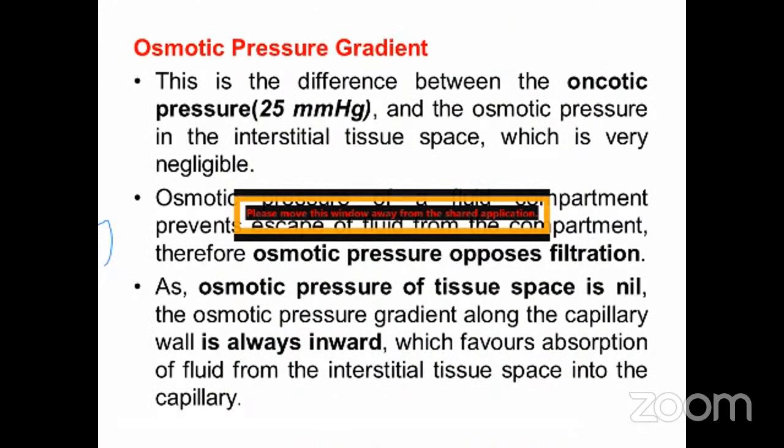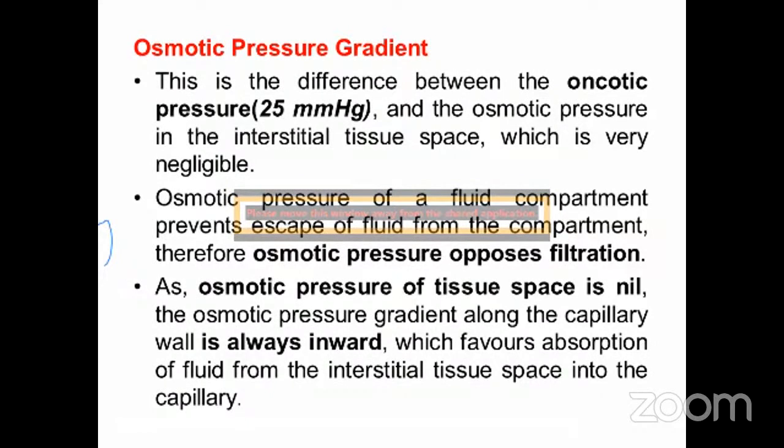The osmotic pressure gradient is the difference between the oncotic pressure and the osmotic pressure in the interstitial tissue space. Oncotic pressure is 25, and in the interstitial tissue space it is very low, 0. The osmotic pressure of the fluid compartment prevents escape of the fluid; it opposes capillary filtration.